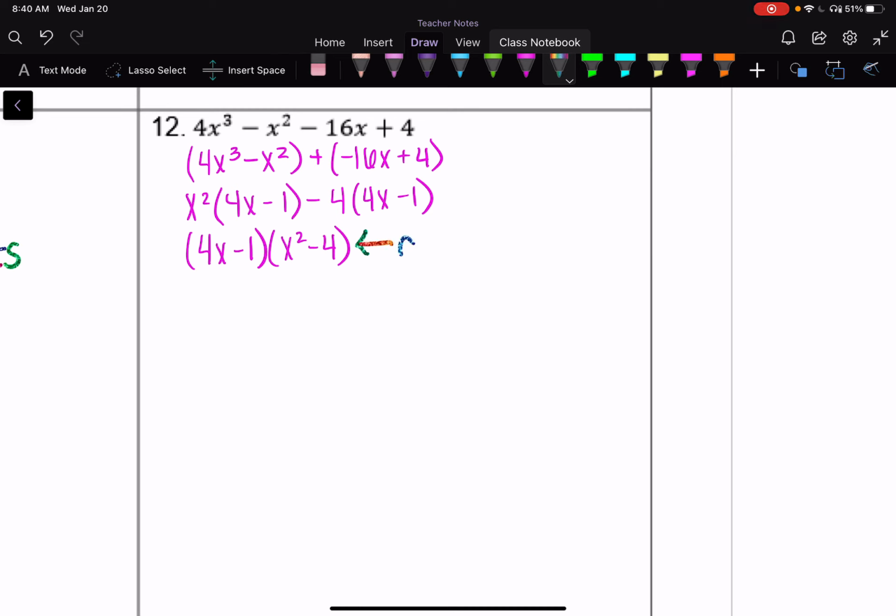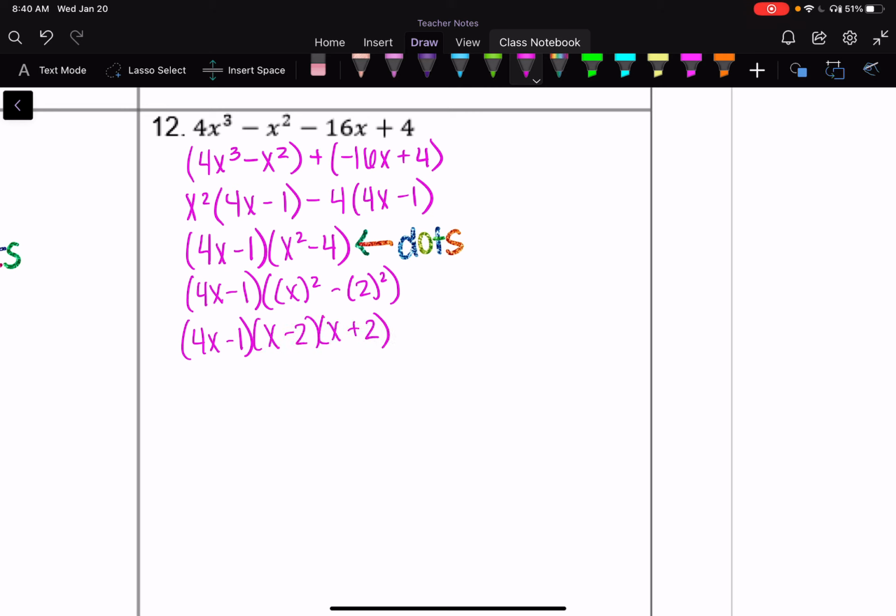Again, this is a dots problem, so we will have to break it down. I have x as my perfect square and 2 as my perfect square. And that is my final answer.